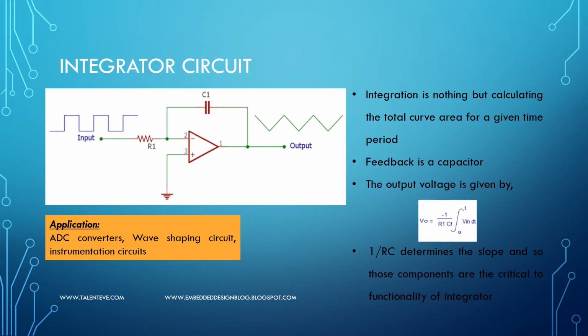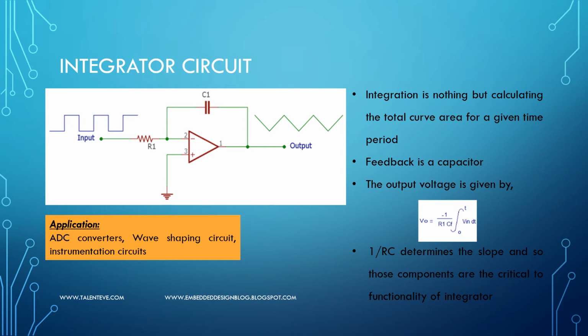There is one more circuit called the integrator circuit. So, just to put what an integrator is, let us assume we have a waveform which is ranging from time t equal to 0 to t equal to some x.